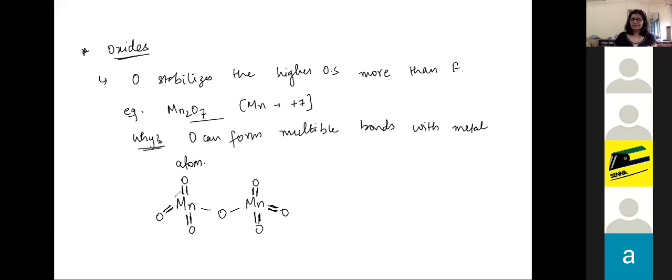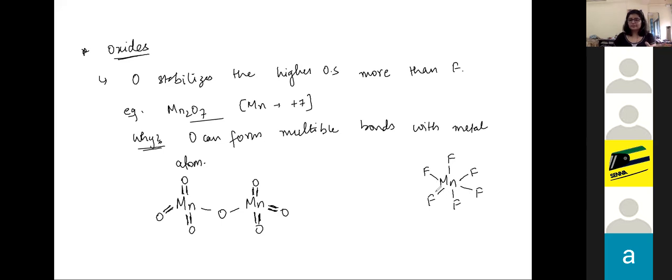With the same manganese atom, fluorine can form only one bond, right? With manganese, it can form a maximum of 4 or 5 bonds, which basically affects the stereochemistry. If you were to consider fluorine bonding with manganese, in a higher oxidation state the covalent nature increases. So if fluorine were to form a bond with all of the valence electrons of manganese, it's going to get really bulky.